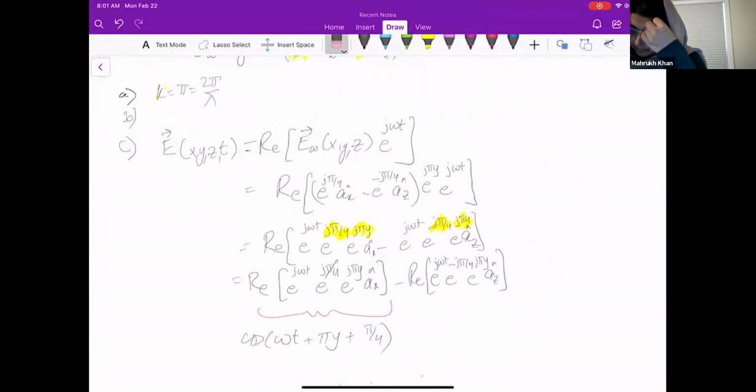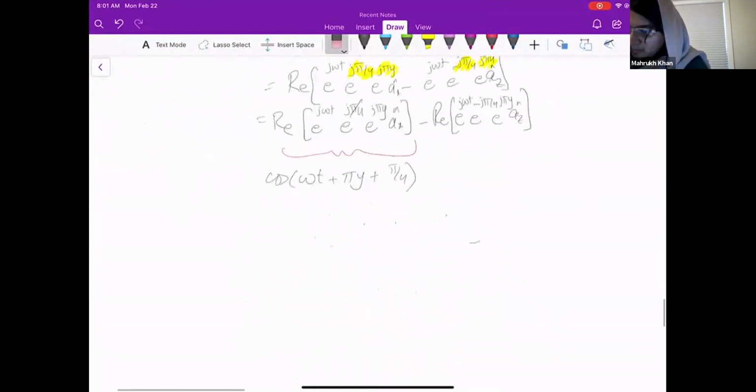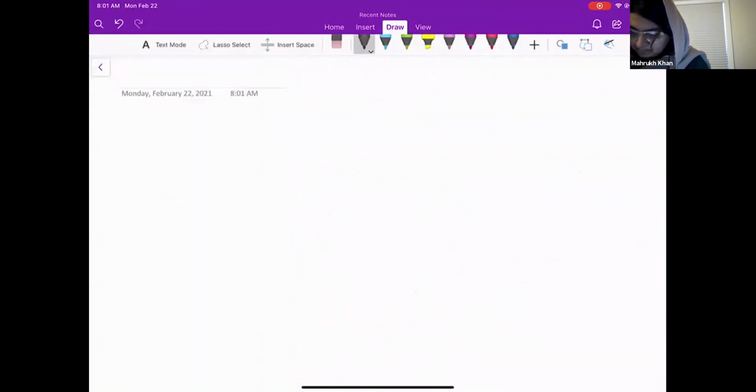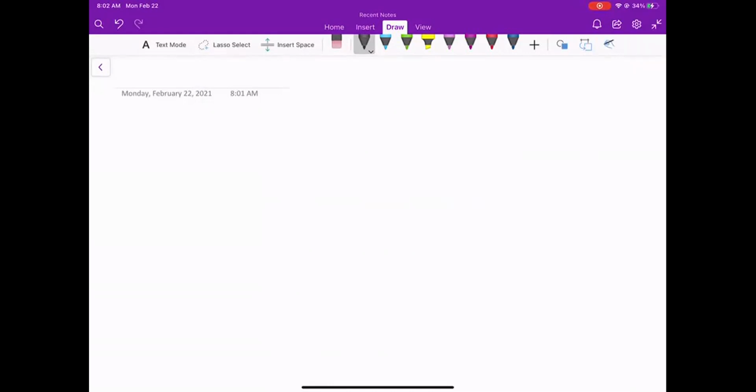I will talk a little bit more about waves, but first I want to talk about this radiation power density, and then we will move to it.